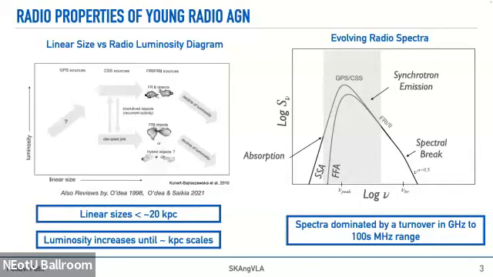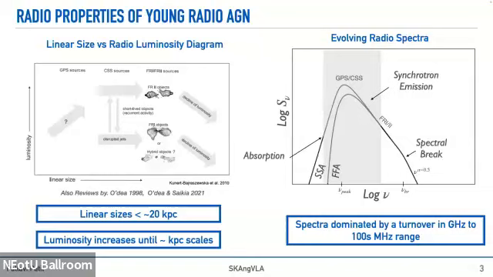And overall, there's an increase in luminosity as jets go from these compact parsec scale sizes to become FR1s and FR2s. The other key property of these compact AGN is their evolving radio spectra. When the lobes are on the compact scale, radio spectra show a characteristic feature, which is the turnover. And the location of the turnover is inversely proportional to the size of the lobes.